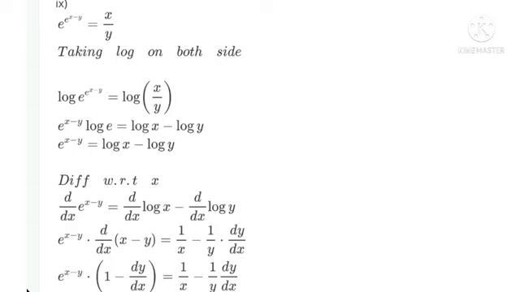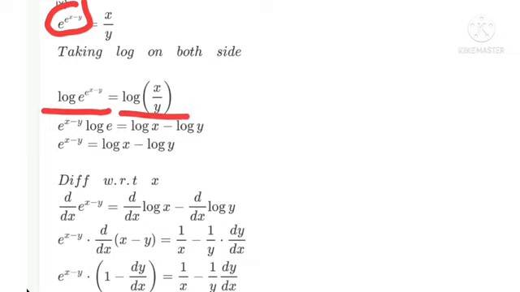I have told you the ninth one, e raised to x minus y is equal to x upon y. Taking log, see here e raised to x minus y is there. I had told you for a logarithmic function, if it is in the exponential form, then we take the log function. Okay, so taking log on both sides, we get log e raised to x minus y is equal to log x upon y.